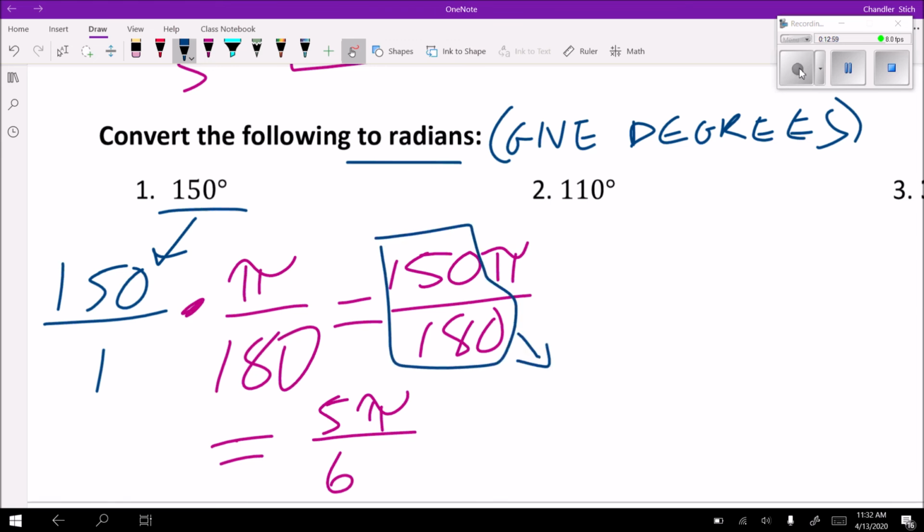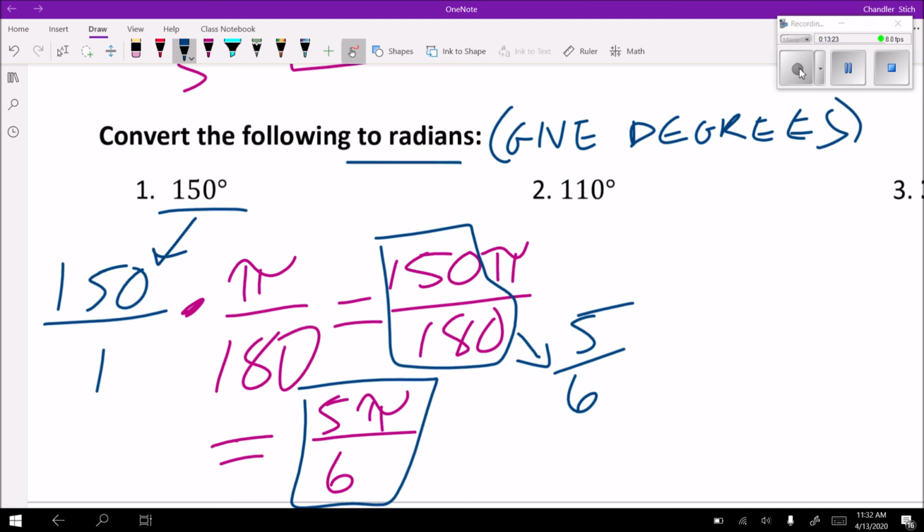You can simplify this, reduce or divide both by 30. You get 5 over 6. So I get 5 pi over 6. This is how we leave it. We leave it as 5 pi over 6. That's it. That's a radian. This is the amount of radians. Perfectly fine. We'll see this actually on the unit circle when we get to it, but 5 pi over 6 is a perfectly fine answer.